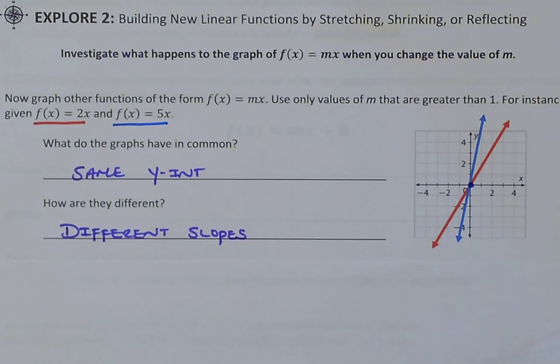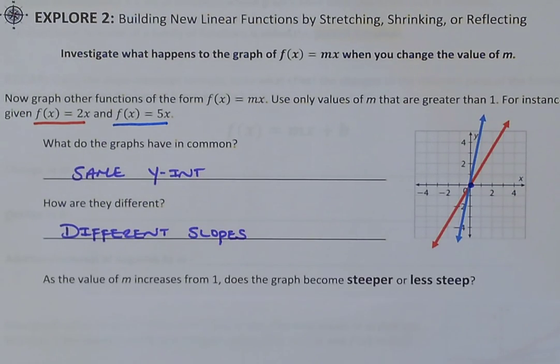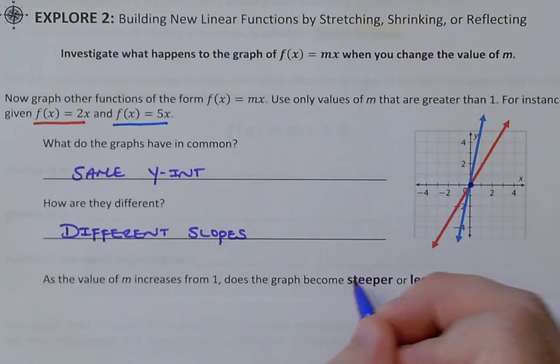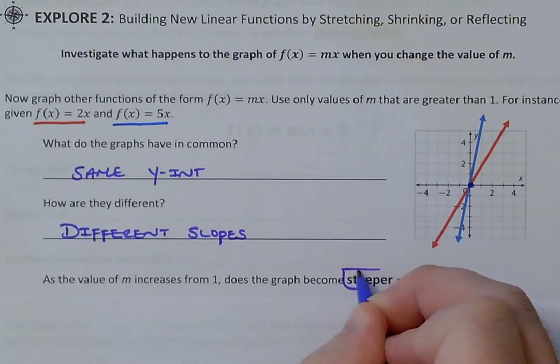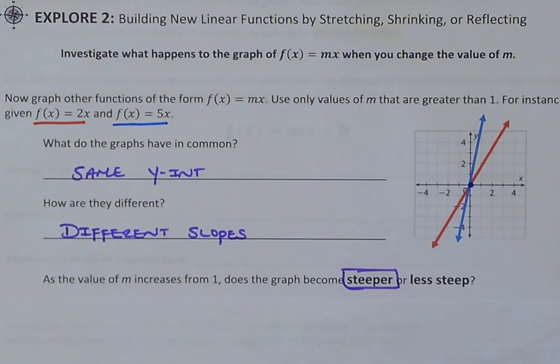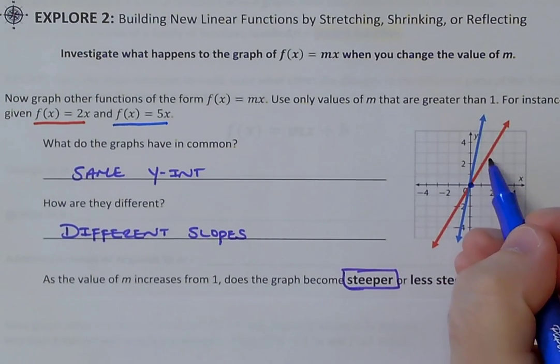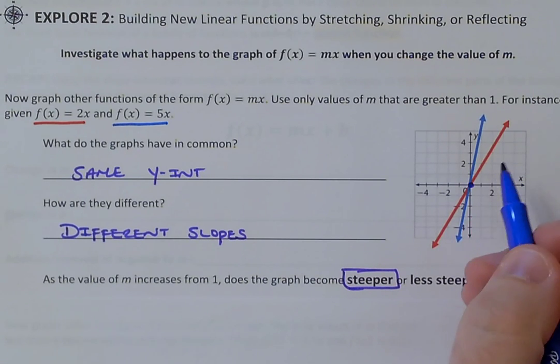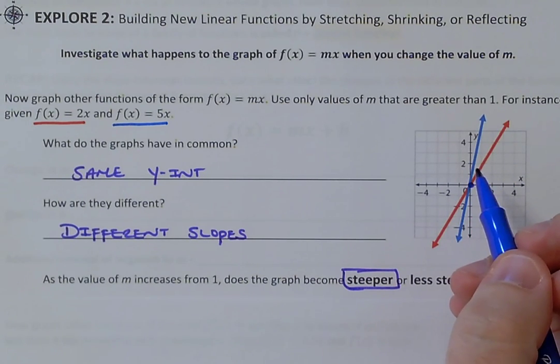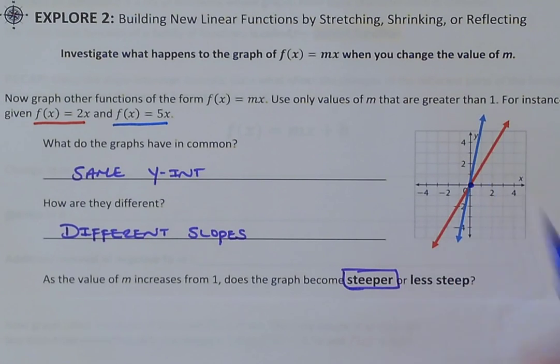So how does that change the graph? Well, as the value of m increases from 1, does the graph become steeper or less steep? In this case, and in all cases, the graph becomes steeper. If we look at it from red to blue, the graph is getting steeper and it has a higher incline.